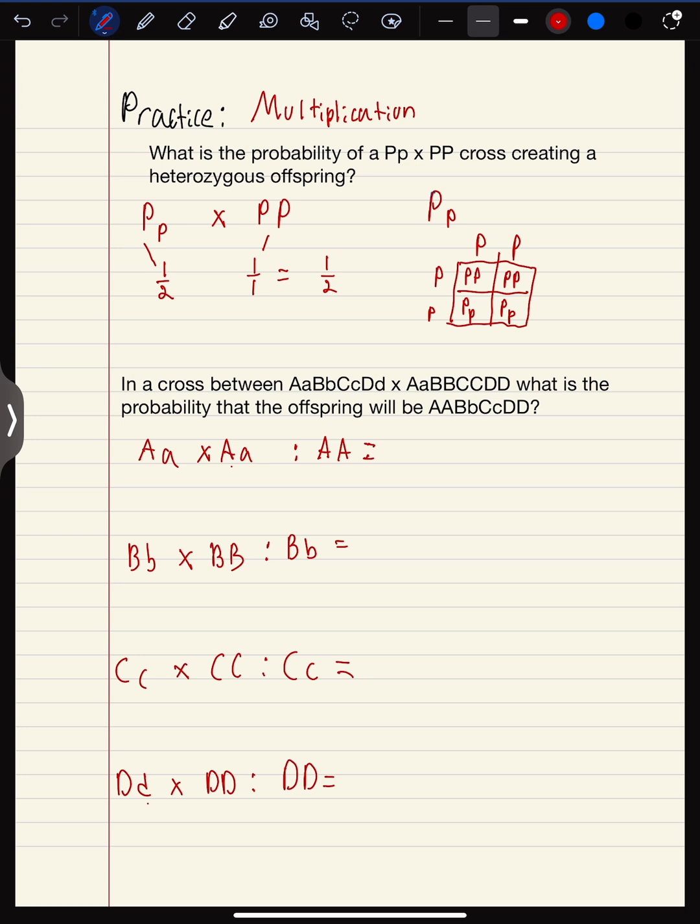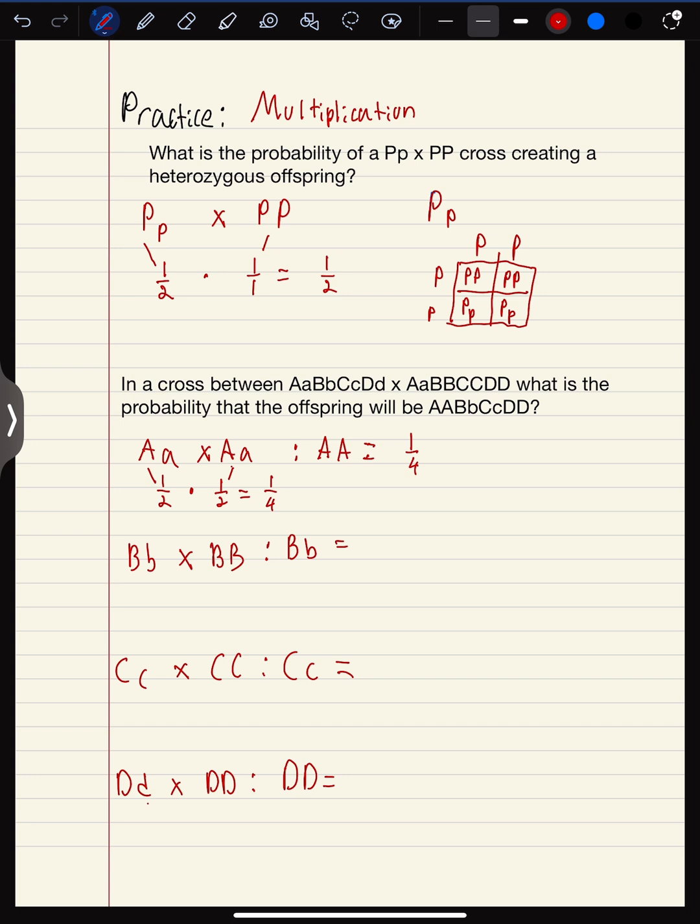And we are trying to get first big A. So we have a 1 out of 2 chance of getting a big A from here and a 1 out of 2 chance of giving a big A from here. So we multiply these together. I should have written multiply up there too. And we get 1 out of 4. So now we have a 1 out of 4 chance here.